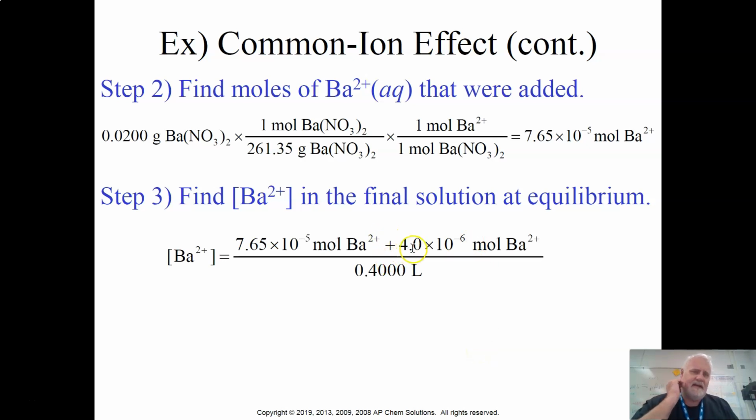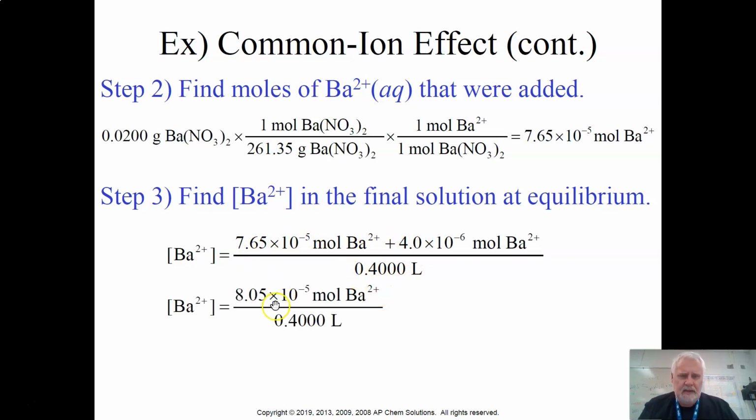That's, you added that to this amount, and of course you're going to do the concentration, the whole thing, still 400 liters because you just added a pinch of salt to it, which is not going to significantly alter the volume at all. So you're looking at sig figs here, 3, 2, 4.